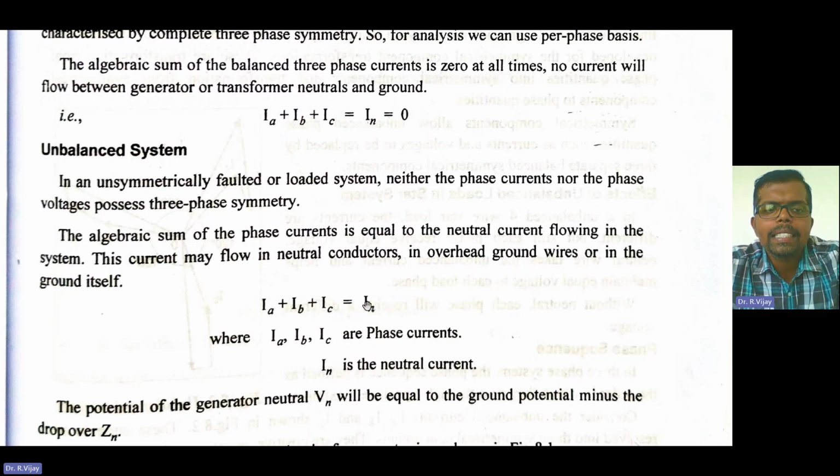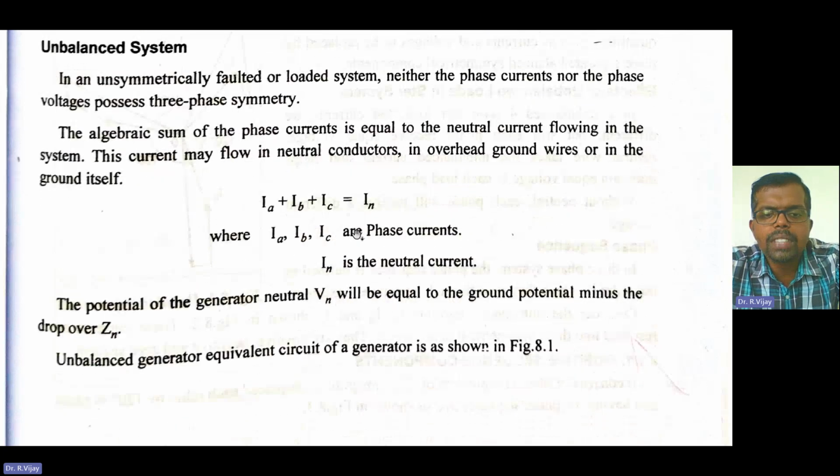There will be some current, because in the unsymmetrical case the phase currents will be changing, so as a result the neutral current will be some current, or there will be some voltage.